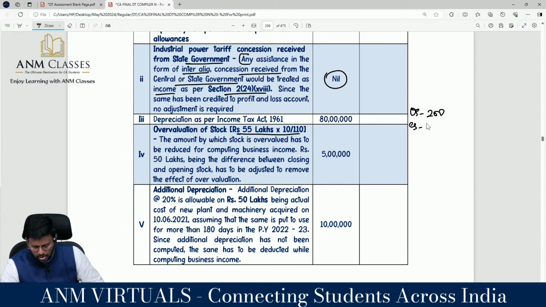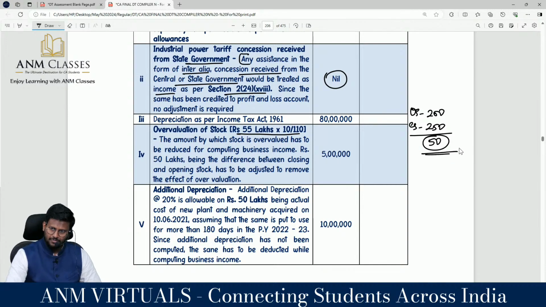What is the closing stock? 250 lakhs. யார் அதிகம்? Closing stock 50 lakhs அதிகம். Correct? 50 lakhs அதிகம்னா the amount by which the stock is overvalued has to be reduced for computing business income. Rupees 50 lakhs being the difference between closing stock and opening stock has to be adjusted to remove the effect of overvaluation.